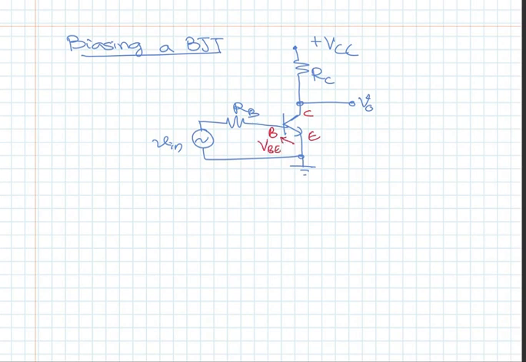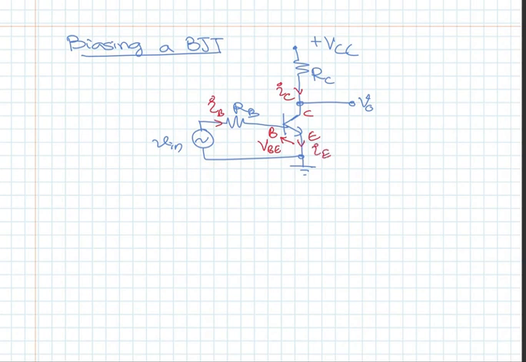If this transistor was conducting, this would be 0.7. If not, we don't know the value. This is IC, the collector current. This is IB, the base current, and this is IE, the emitter current.